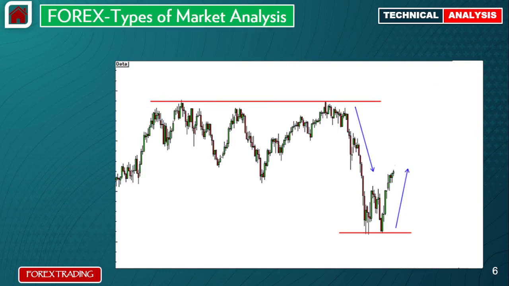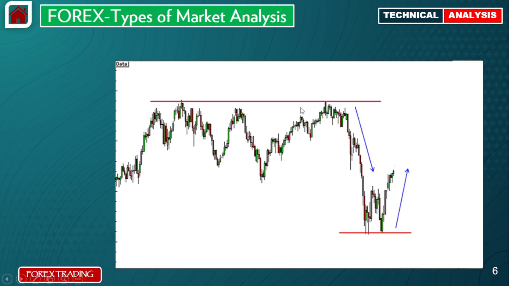So this is how it looks on the price chart. This is where we do the technical analysis. So you see when the price is going upwards, it gives us that the price is moving up, it's bullish, it's positive. And when it goes down, it shows us that the price is moving down and it's a bearish market. So you see there's a red line over here, it means that this is where the price has gone maximum, and then it comes back over here and then over here.